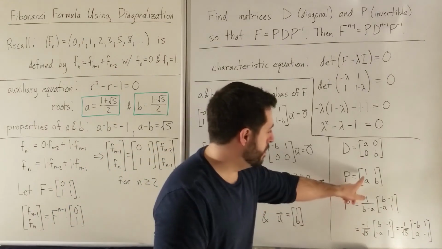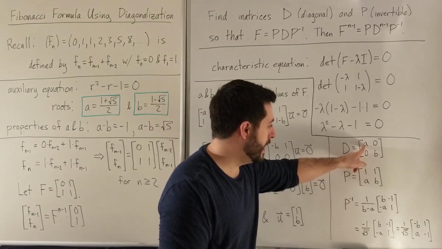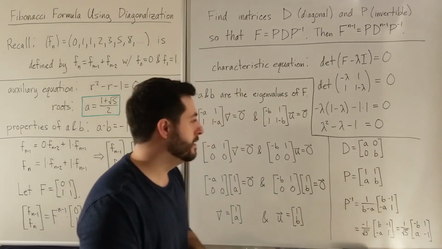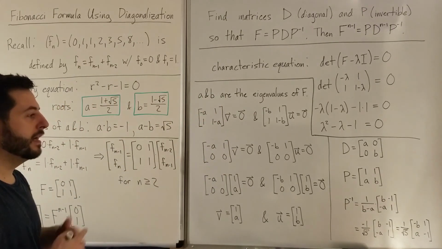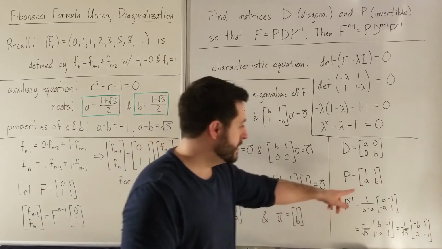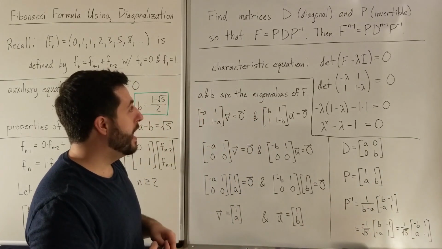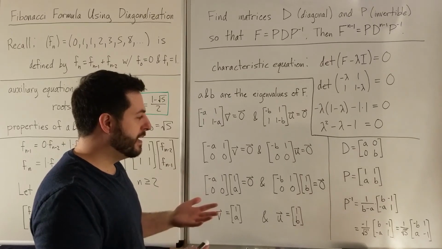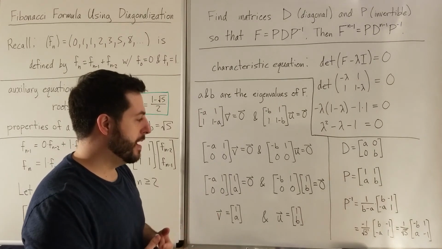Okay, and remember (1, a) was the eigenvector corresponding to a. Those are both in the first column. (1, b) is the eigenvector corresponding to eigenvalue b. Those are both in the second column. The order matters. Okay, once I have P, I know my diagonalization, but I want to find P inverse because we're going to need it for this problem anyway.